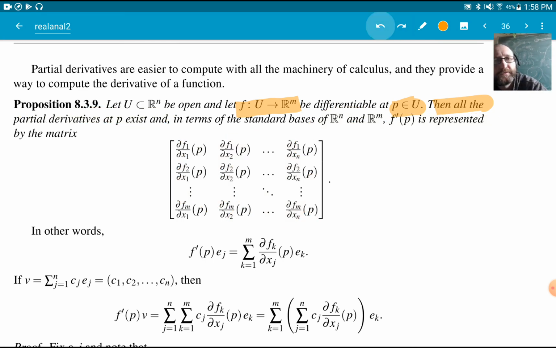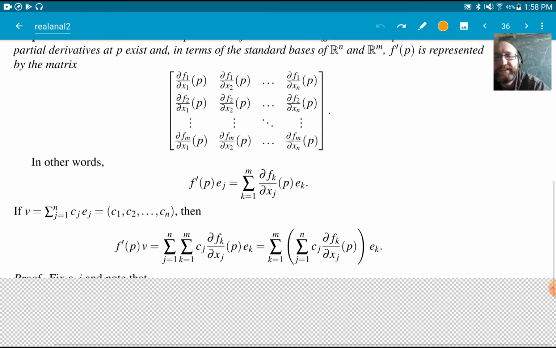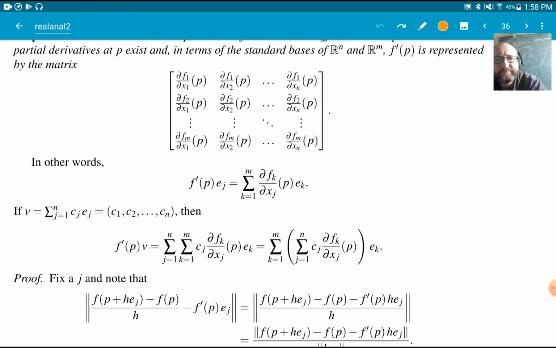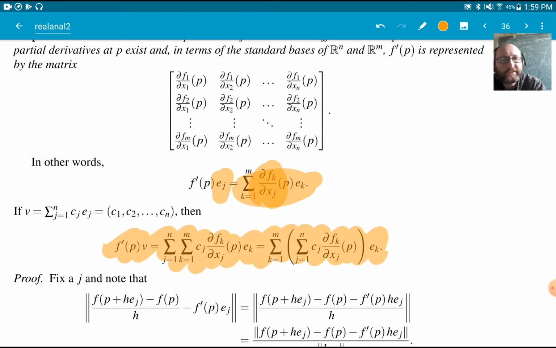So let me get rid of all of those. In other words, how do you represent a linear operator? You can just say, what does it do on a basis? So it takes the jth basis element to this vector, right? So the coefficients are given by its partial derivatives. So this is just writing it for a general vector.